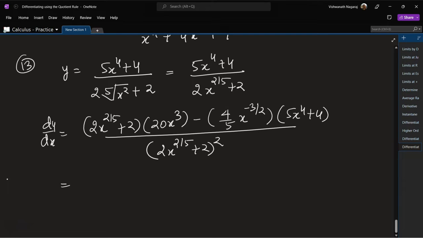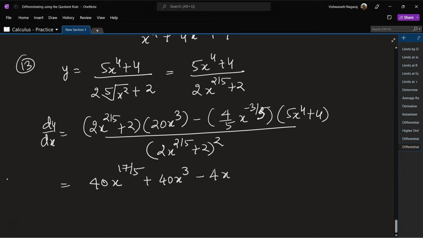Now let's simplify this. 20 twos 40x to the power of 2 by 5 plus 3, so 15 plus 2, 17 by 5, plus 40x cube minus 5 fives cancel, so 4x to the power of 3 by 5, no, this should be not 3 by 2, it should be 5.